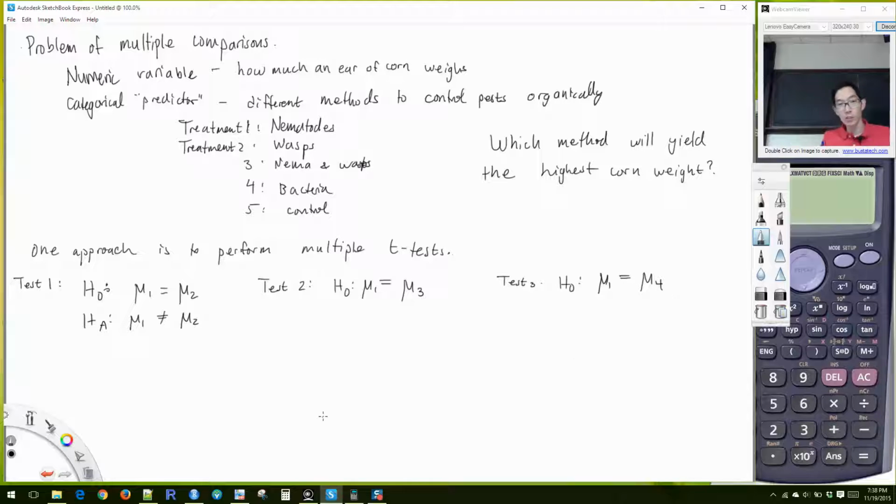How many tests would I need to perform here? mu1 versus mu5, and then mu2 versus mu3, mu2 versus mu4, mu2 versus mu5, etc. How many tests am I going to have to do? I have to do like 10 tests, I think.